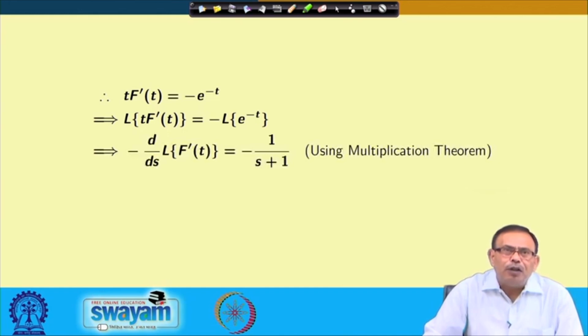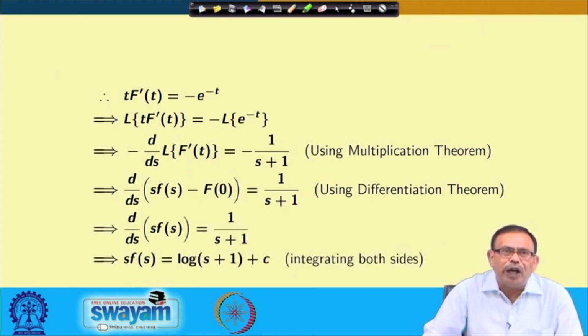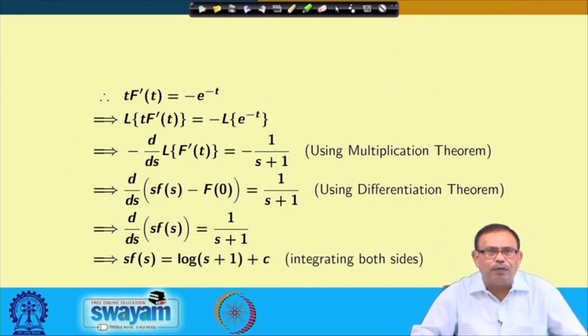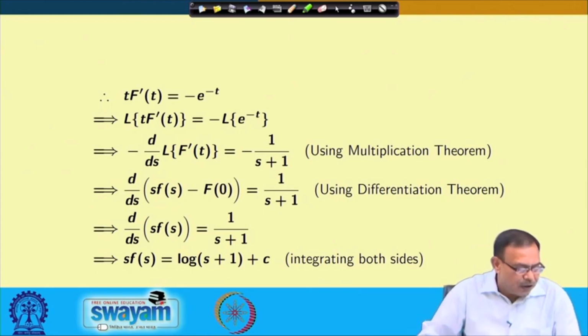Using the multiplication theorem, following the same theory, minus d/ds of the Laplace transform of f'(t) is this, and the Laplace transform of f'(t) you are replacing by s f(s) minus f(0) by the differentiation theorem. So you can obtain, after integration, s f(s) equals log of s plus 1 plus c.